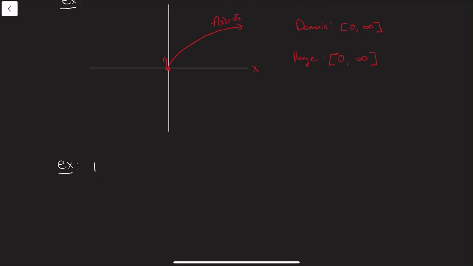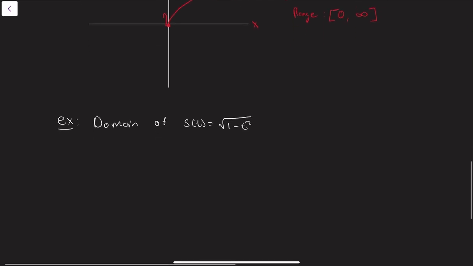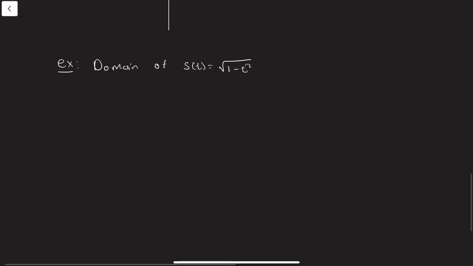So let's find the domain of s of t is equal to root of 1 minus t squared. Great. So as I mentioned, the argument within the square root must be greater than or equal to 0.